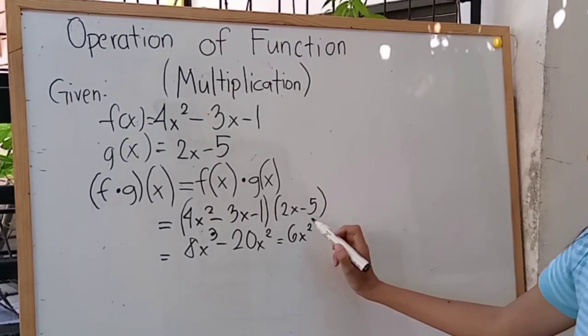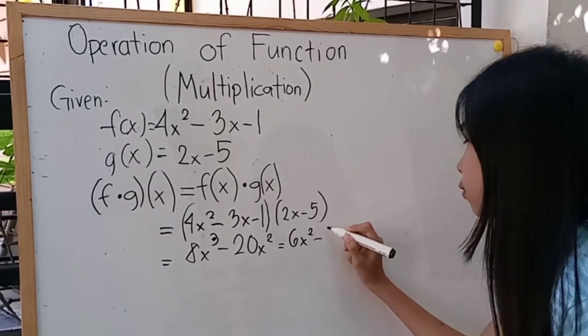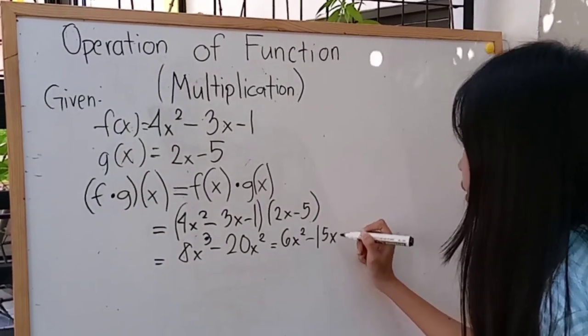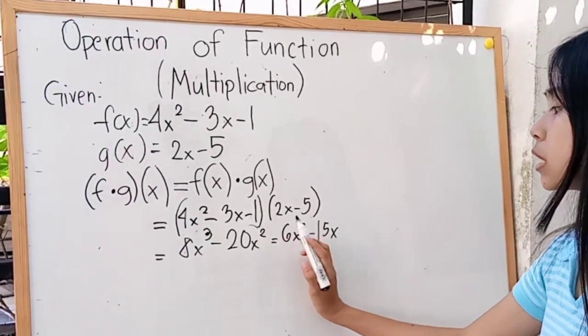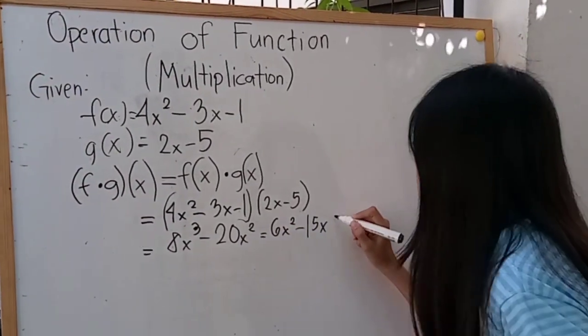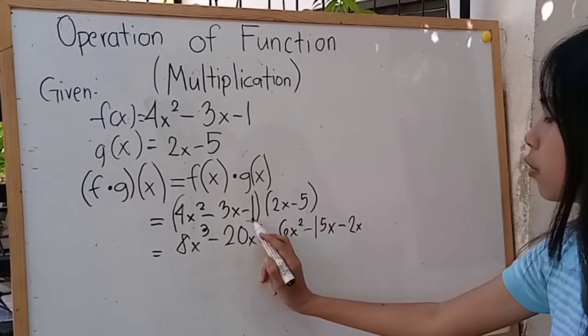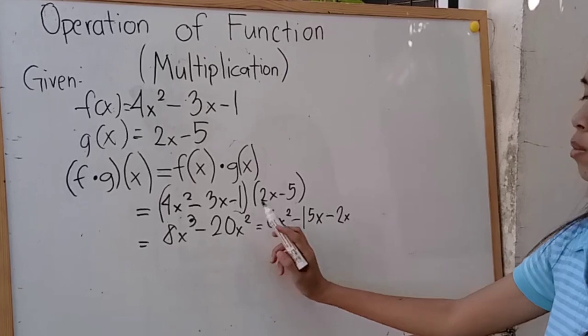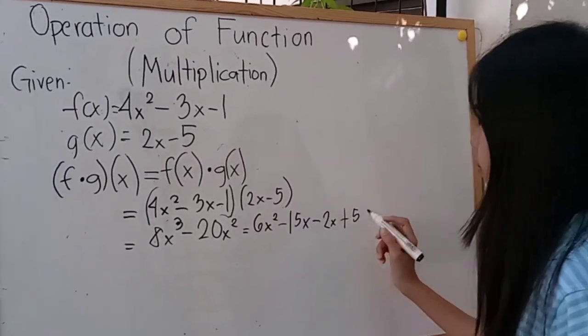Then negative 3x times negative 5 is equal to positive 15x. Then negative 1 times positive 2x is equal to negative 2x, and negative 1 times negative 5 is equal to positive 5.